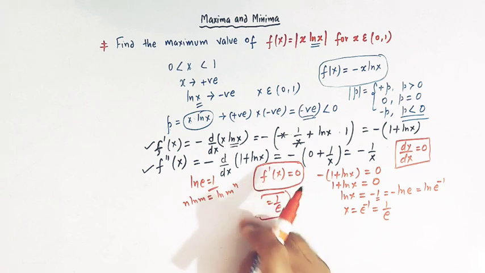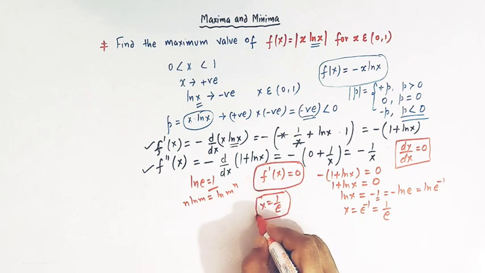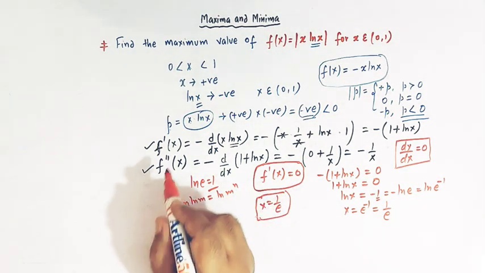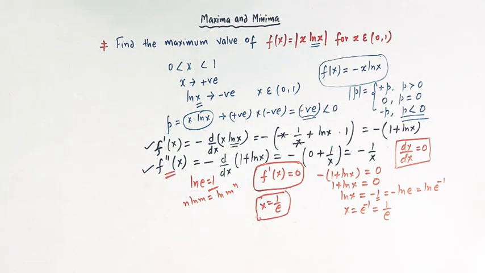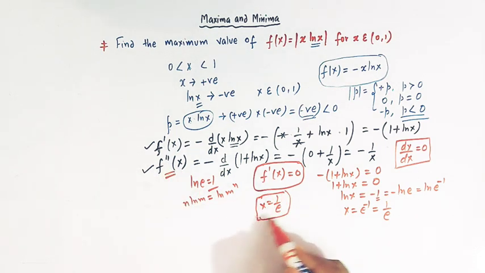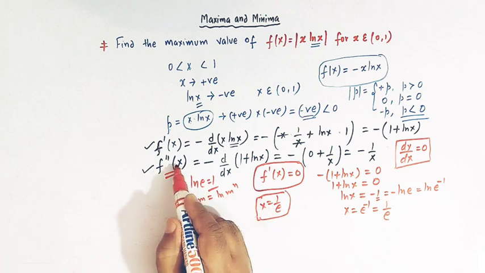Now we will test this point x equal to 1 over e for the second derivative. For x we substitute x equal to 1 over e.